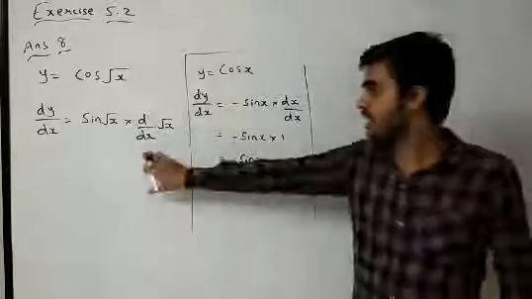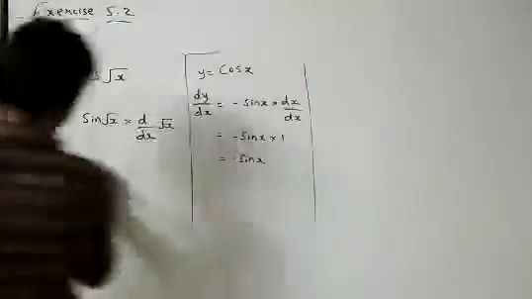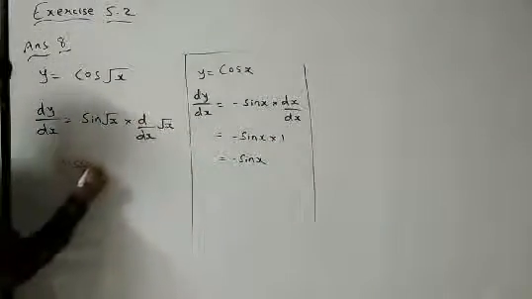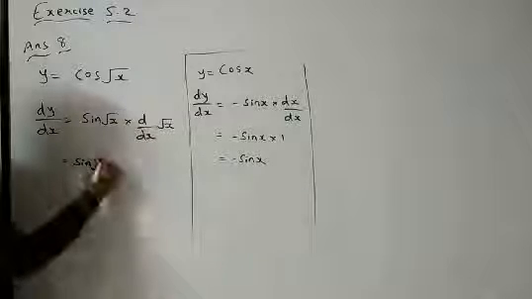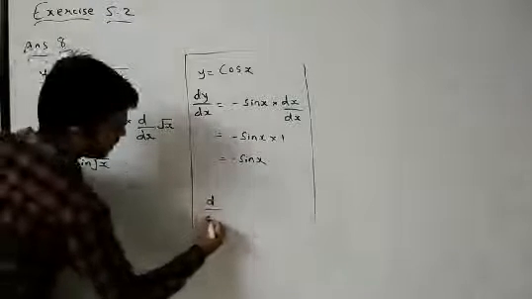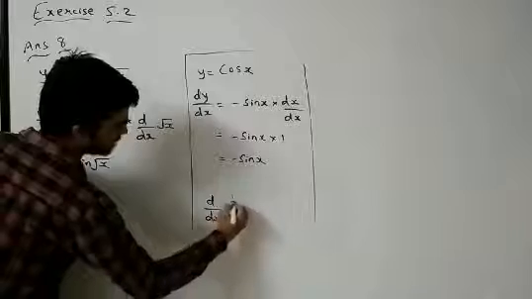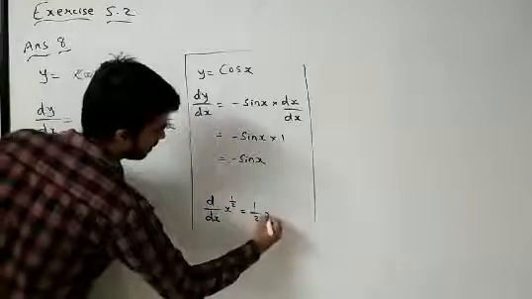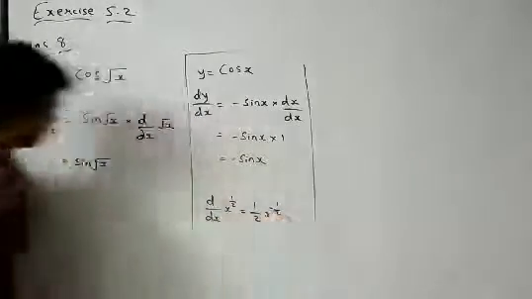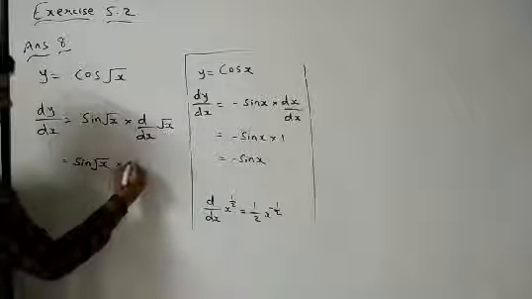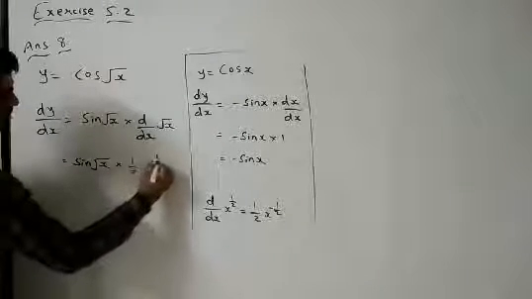Now what will be the derivative of root x? Just now we have seen, d by dx of root x means x raised to half, half will come down, half minus 1 is minus half, so derivative of root x is half into x raised to minus half.